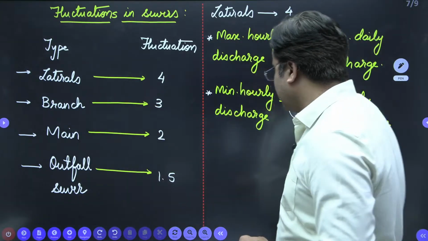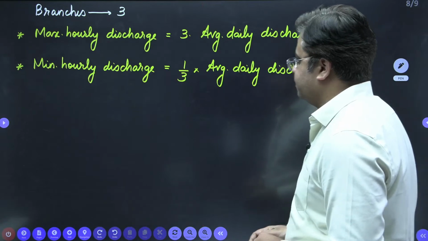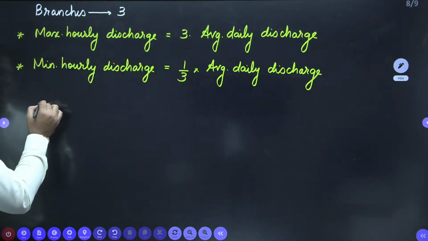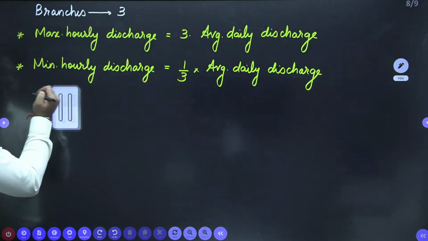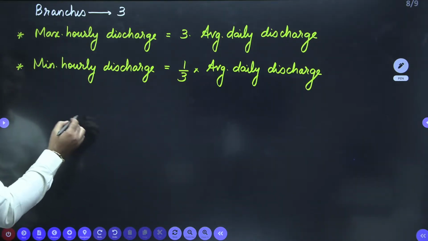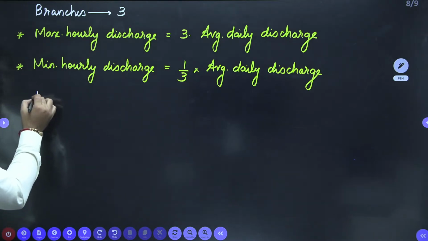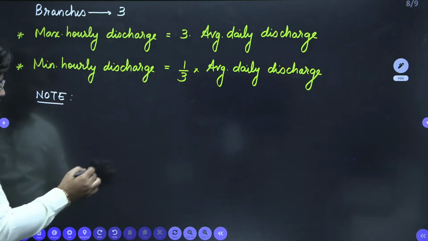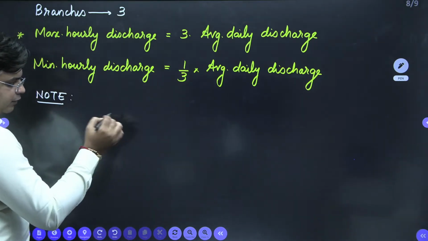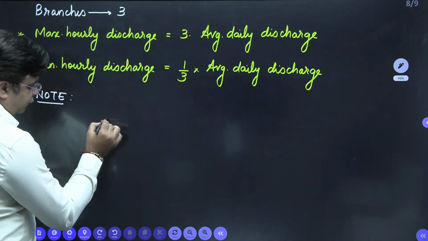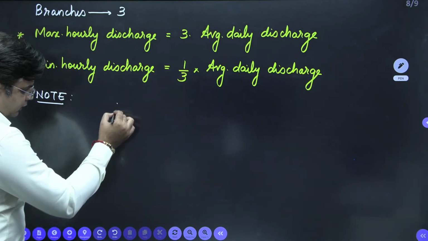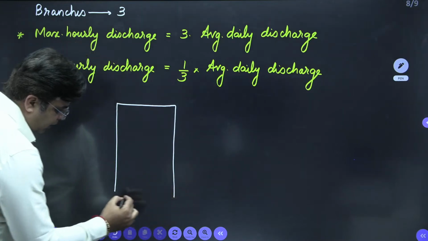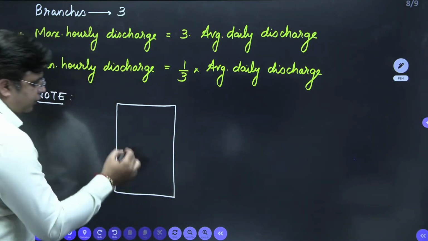Okay. Now coming to design of sewers. Next topic of discussion is design of sewers. Before that, I would like to just discuss a small note point. And that note point is, we have two situations. In first situation, this is my manhole, like this, okay?